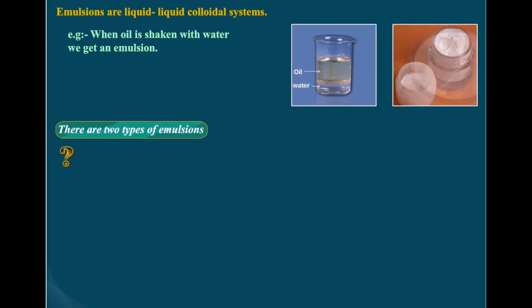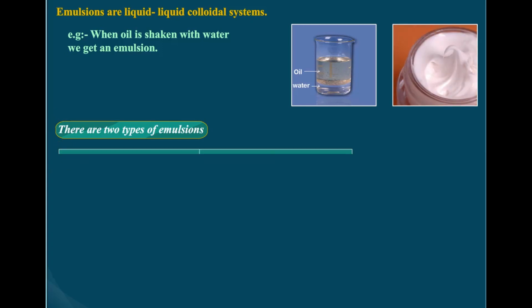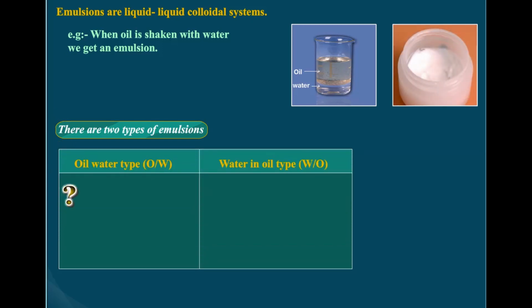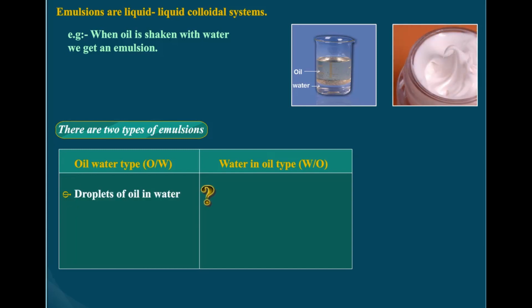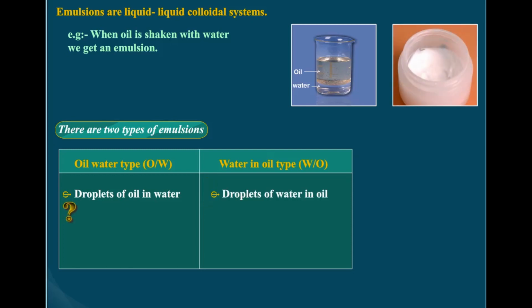There are two types of emulsions: oil in water type and water in oil type. Oil in water, it's clear from the name itself: droplets of oil are present in water. Water is the dispersion medium, oil is the dispersed phase. Here it is the reverse: oil is the dispersion medium and water is the dispersed phase, so droplets of water in oil.